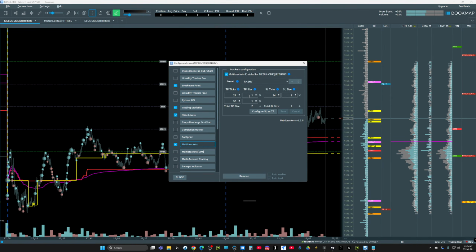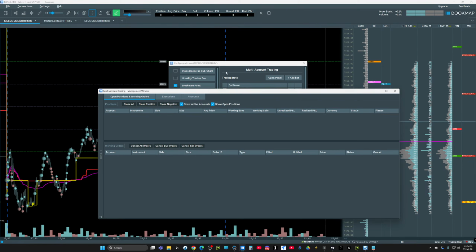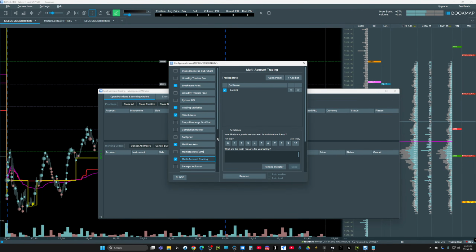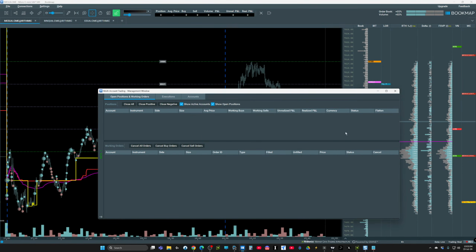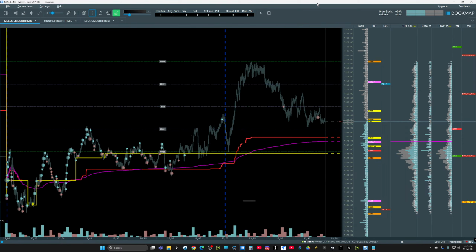This is live trading in the market, trading real data live. And multi-brackets. There we go. Now I could trade.